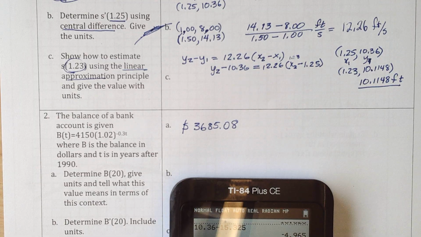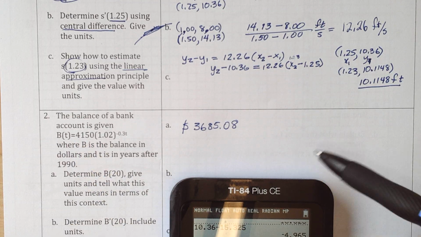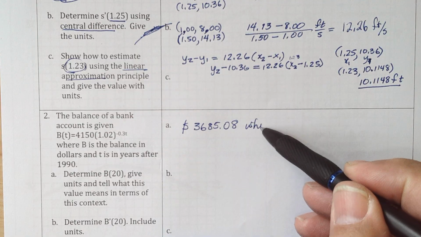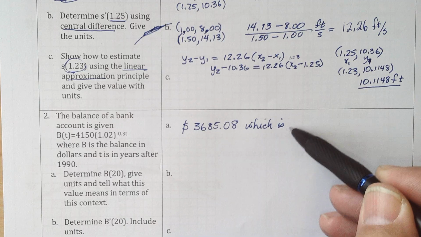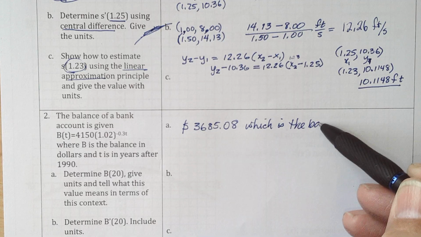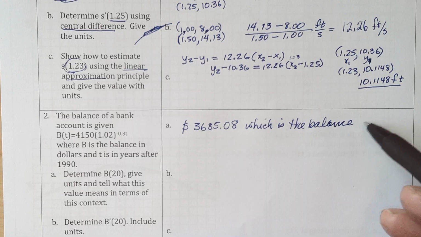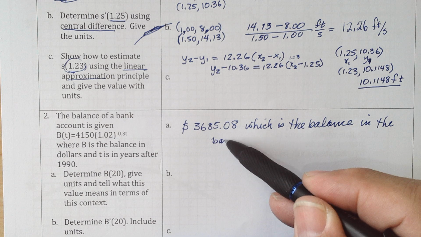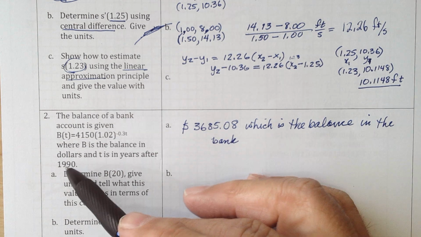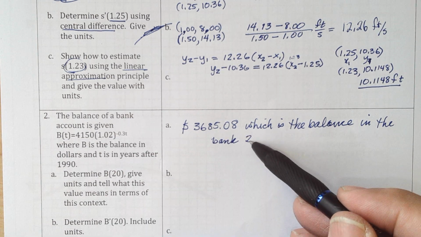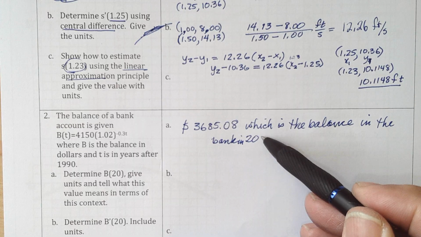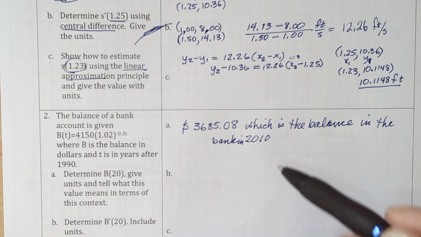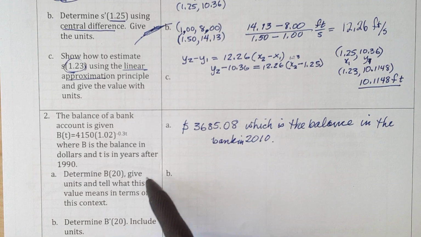And it means that the balance in the bank 20 years later, so that would be in 2010. That's 20 years later, the 1990. So there's the answer to A.